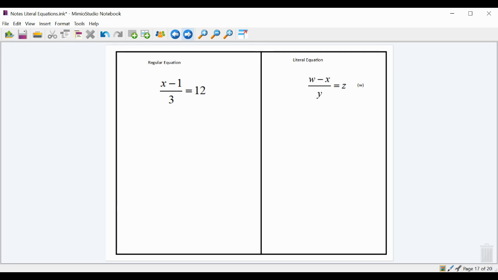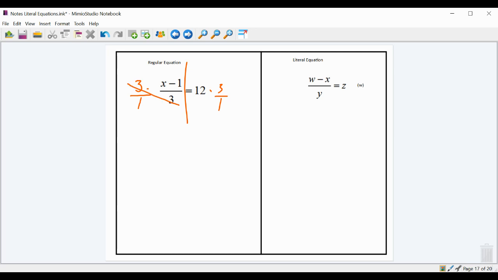All right, regular equation. X minus 1 divided by 3. Holy smokes, that whole left side is being divided by 3. No big deal. What's the opposite of division? Multiplication. So we're going to multiply this whole side by 3. We're going to multiply this whole side by 3 because whatever you do to the left, you do to the right. Now, these 3 divided by 3, if we rearrange them, 3 over 3 is 1.